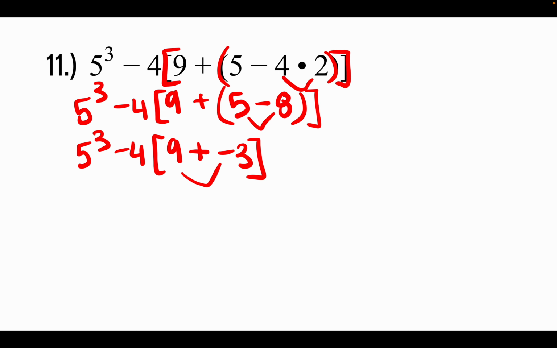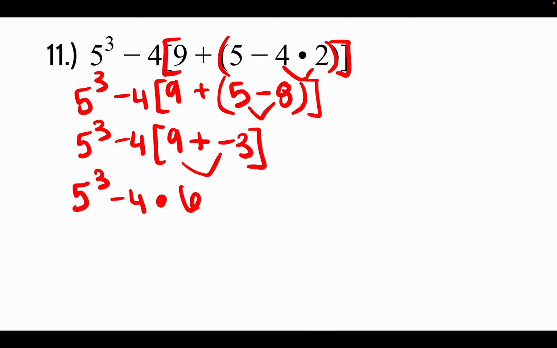Now, do our brackets. So we have 5 cubed minus 4, 9 plus a negative 3 gives us 6. Okay, remember, what does this change to? Well, those brackets, remember that's multiplication that's happening right in here. That's multiplication when it's side by side like that.